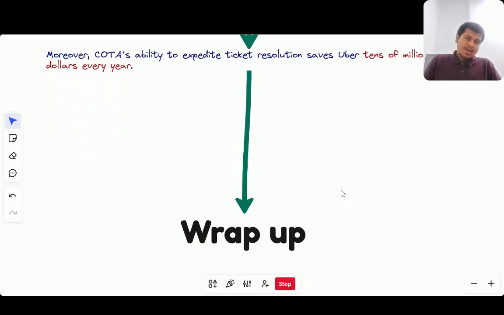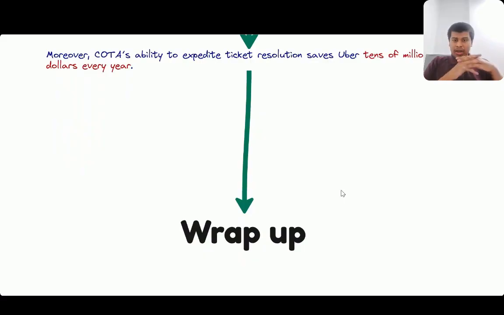So with that, we wrap up this whole industrial use case of Uber. I hope you came to an understanding and appreciation of the whole aspect of NLP here. We solved a real-world problem using a proper, robust NLP solution.